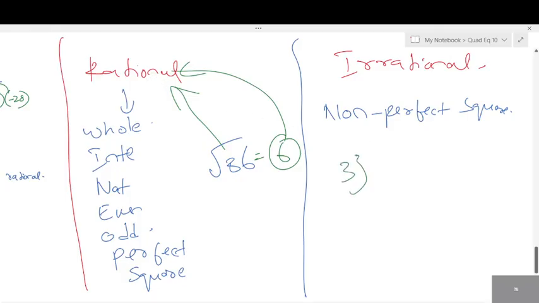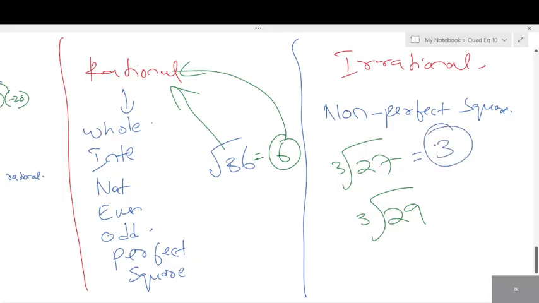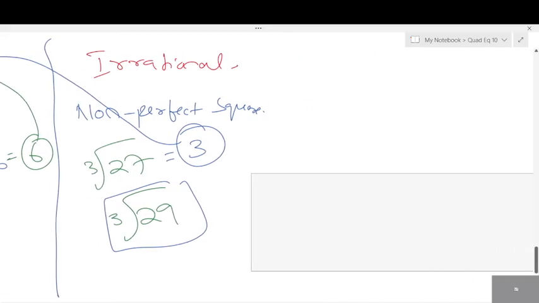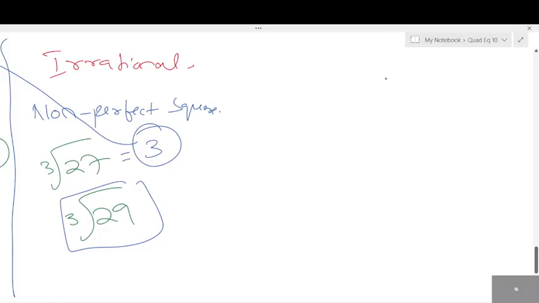Next, cube root of 27, cube root of 29, which is rational, which is irrational? What is cube root of 27? Tell me the answer. Very good. So is it rational or irrational, Mariana? What is cube root of 29? Is it a perfect cube value? No, that is irrational. Simple. Understood the difference between rational and irrational, all of you?